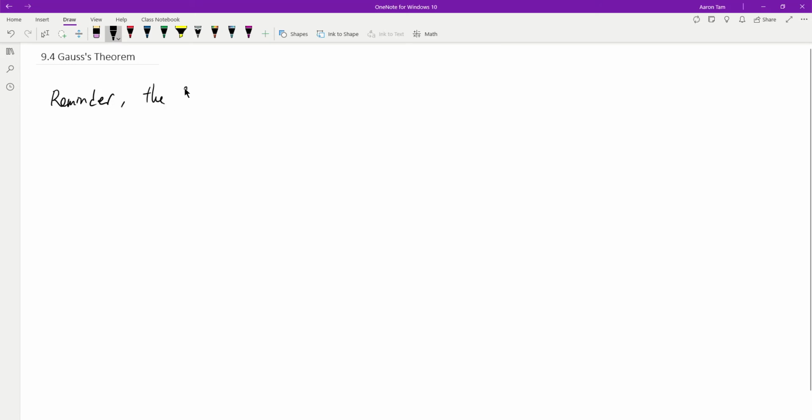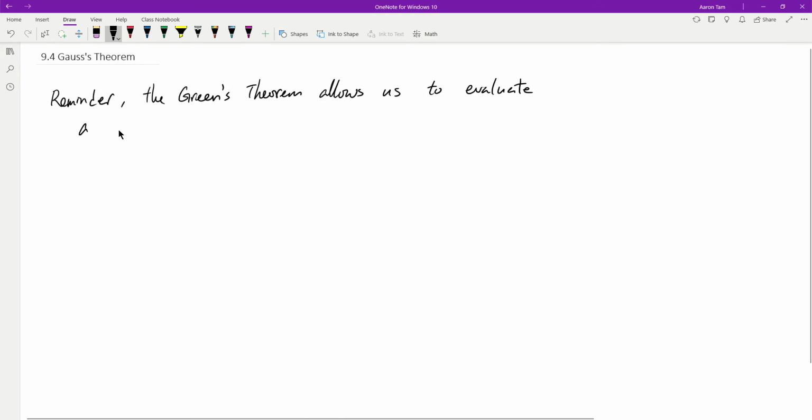Green's theorem basically allows us to evaluate a closed curve integral by transforming it into a double Riemann integral.